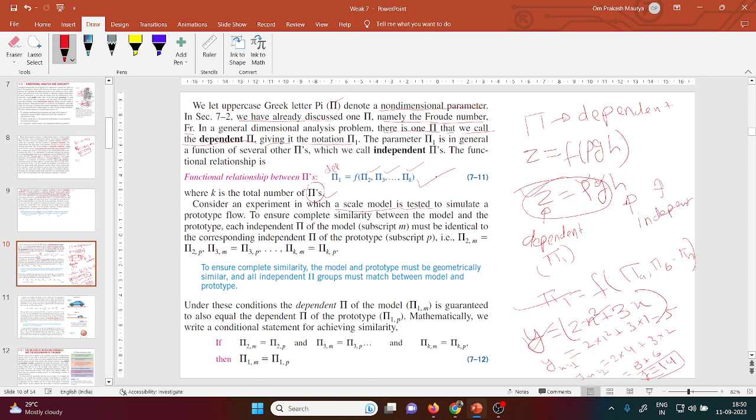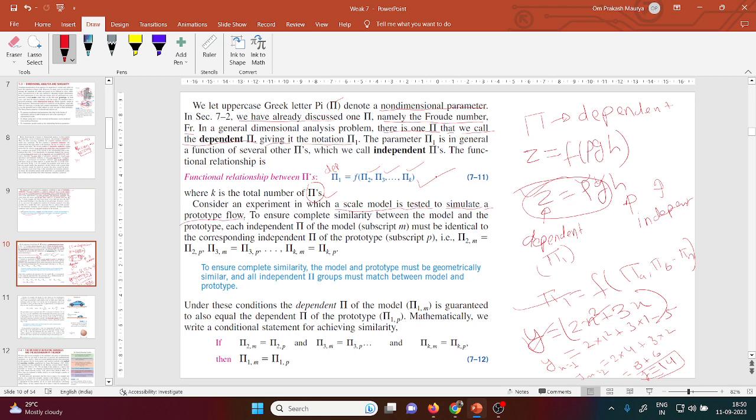So I have prepared a model, reducing the big aeroplane with dimensional analysis into a small thing. The scale model is tested to simulate a prototype flow.